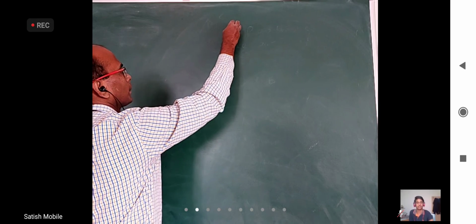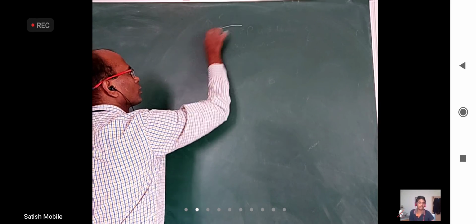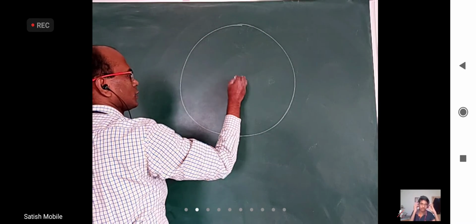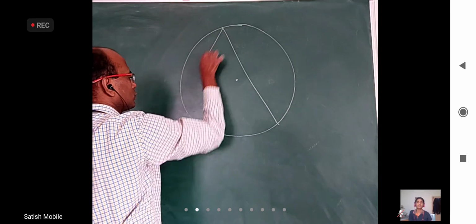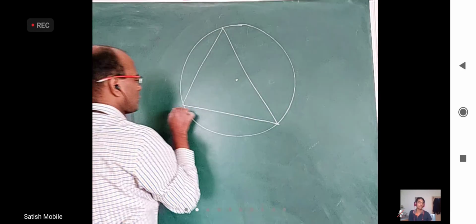Okay. So I may not need the figure of circumcenter, I think. That means circumcircle. It's okay. There's a circle, center is somewhere here. There's a triangle ABC.